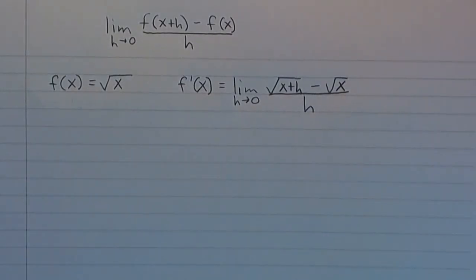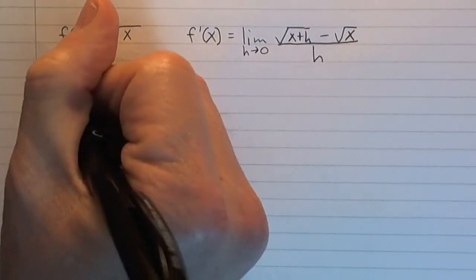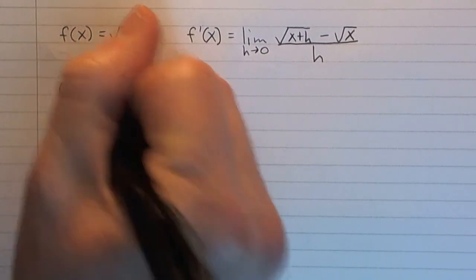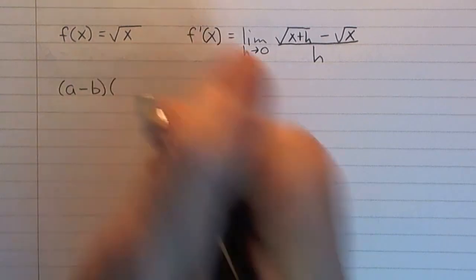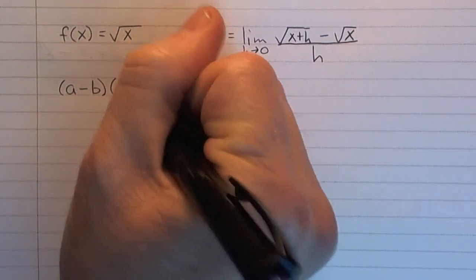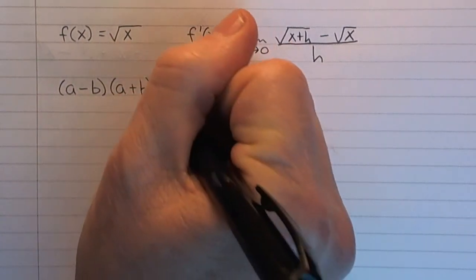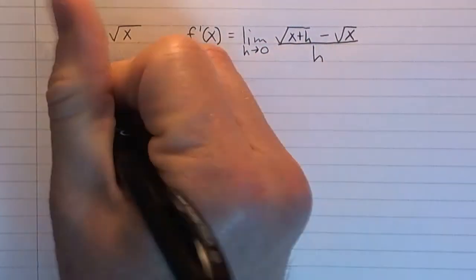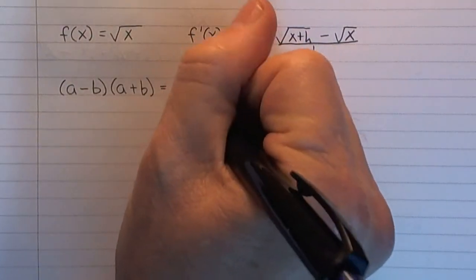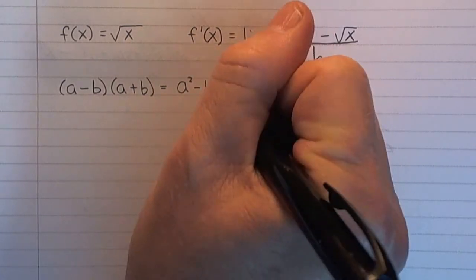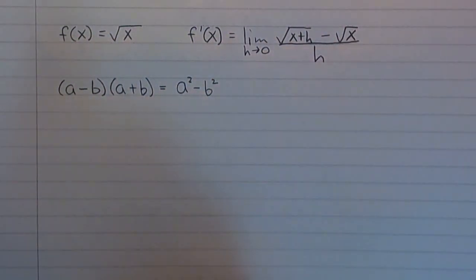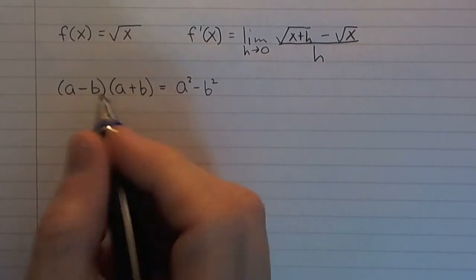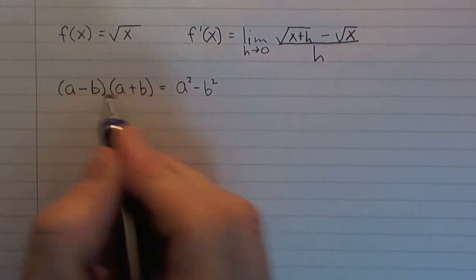Well, what we're going to use is a trick. Remember that when we have something like a minus b times a plus b, and we multiply these out, what we get when it's all said and done is just the first term squared minus the second term squared. And you could verify that by just multiplying this out.